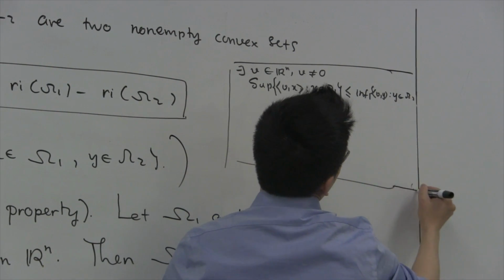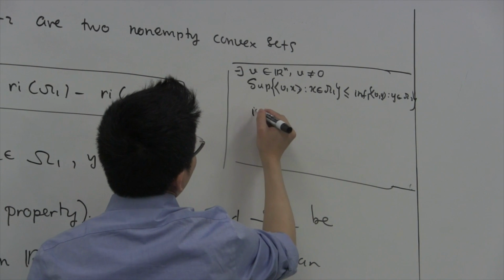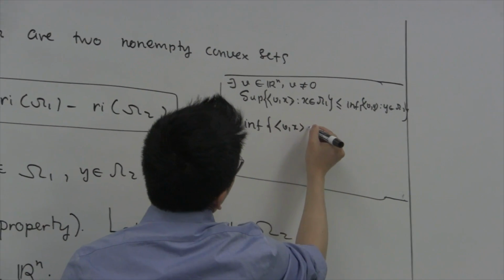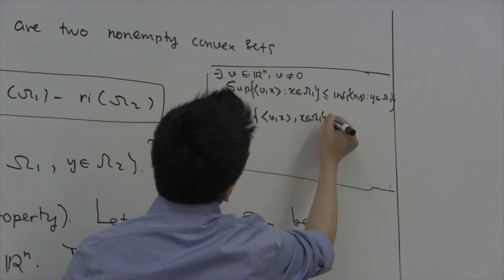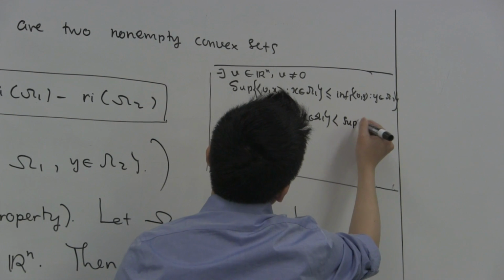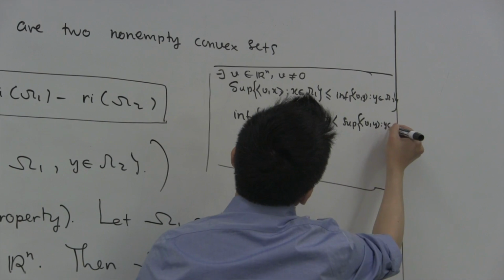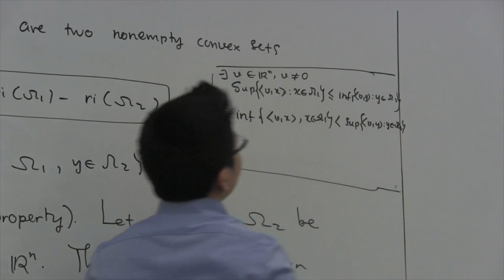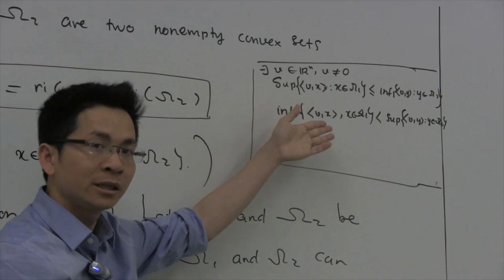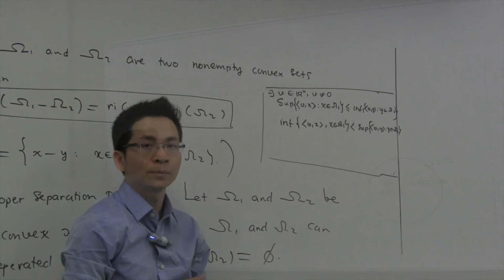And also the infimum of the inner product of v and x, where x is in omega 1, is strictly less than the supremum of the inner product of v and y, where y is in omega 2. So we already discussed this property in the previous video.